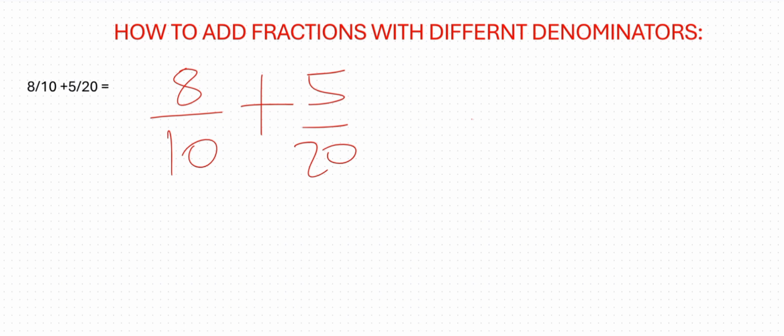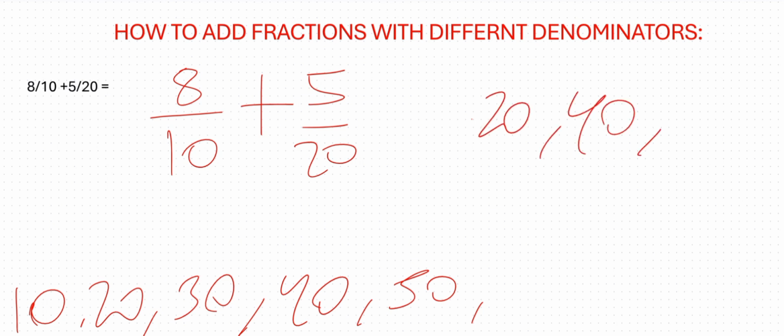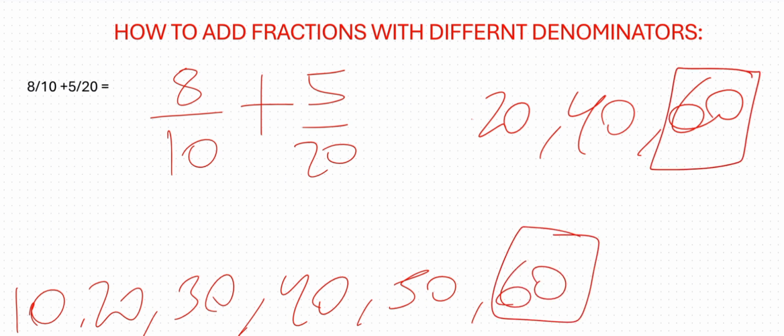So first we got to figure out the least common denominator of 10 and 20. 10 has 10, 20, 30, 40, 50, and 20 has 20, 40, 60. So the first number we get is 60 when we list the multiples of 20 and 10.